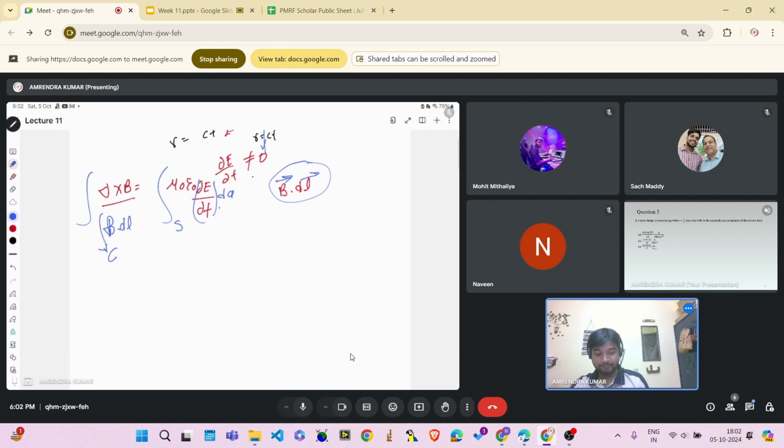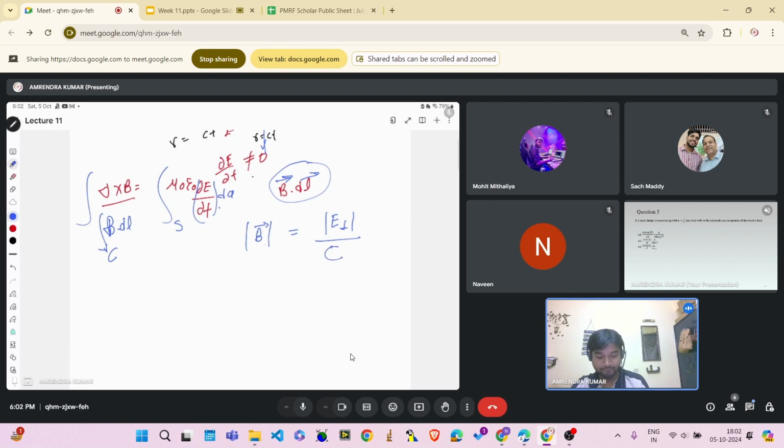So what will happen? You do the calculation. The B magnitude will just come out to be E magnitude upon the velocity c.